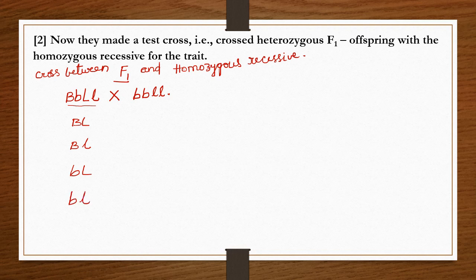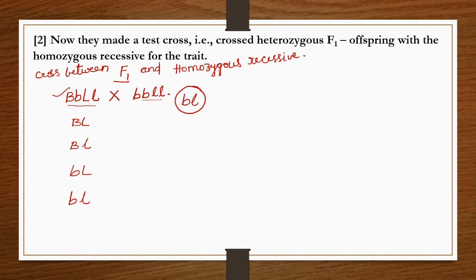These are the 4 different gametes formed from this plant. And here it is homozygous, so it produces only one type of gamete, small b, small l. All its gametes are like this, but from the F1 plant 4 different types of gametes are formed.